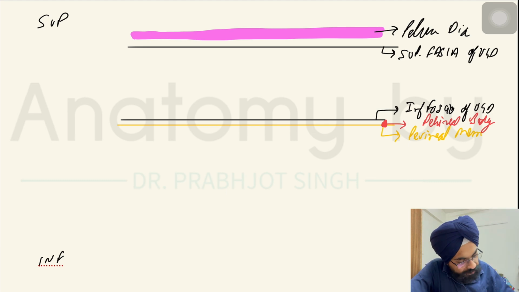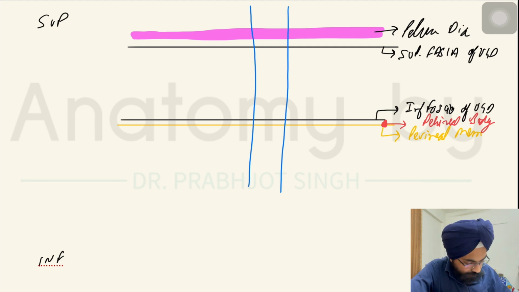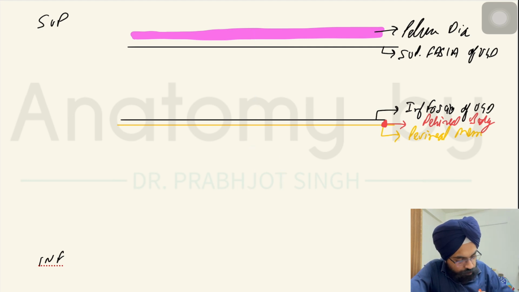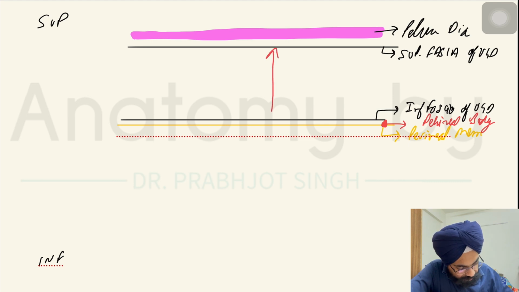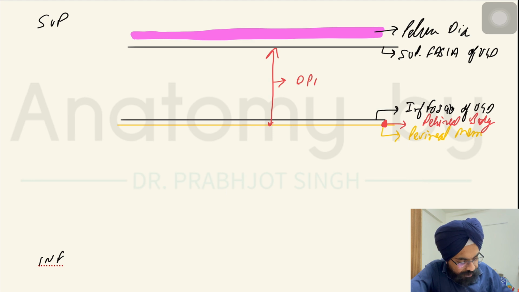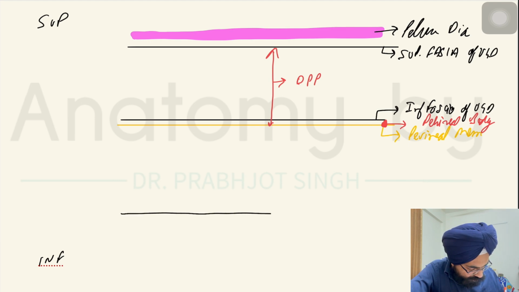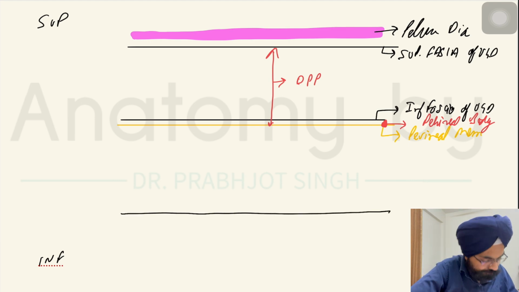And over here you have your urethra. Okay, but let's leave the urethra for now. So this area from here to perineal membrane is basically your deep perineal pouch. Then over here you again have a line.